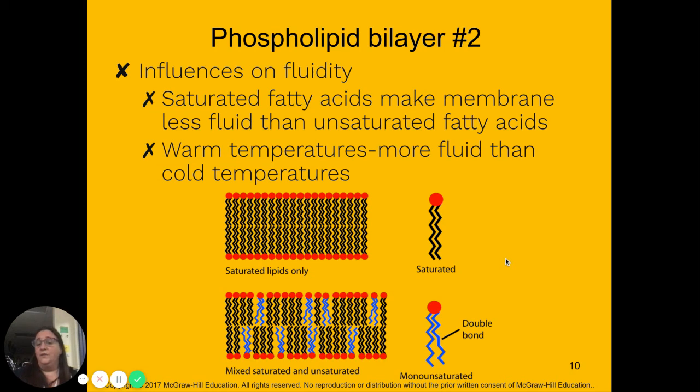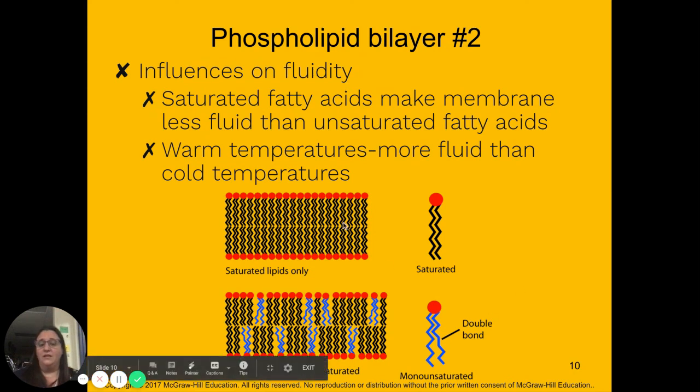Some things influence fluidity, or the ability of phospholipids to move. Saturated fatty acids, those that have no double bonded carbon, are going to make the membrane less fluid.